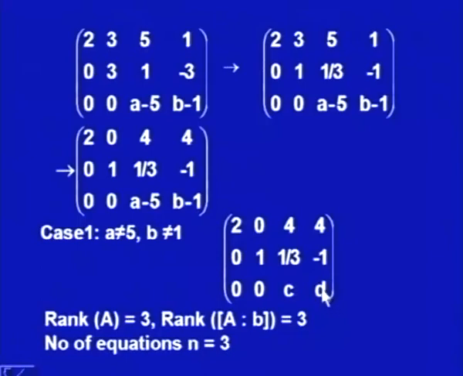So, whether it is 0 or not, this rank will be 3. So, rank of A is equal to rank of the augmented matrix. The number of equations is 3. So, this is a consistent system, and this also has a unique solution, because rank A is equal to rank of [A|B] is equal to the number of equations. So, this system will have a unique solution.